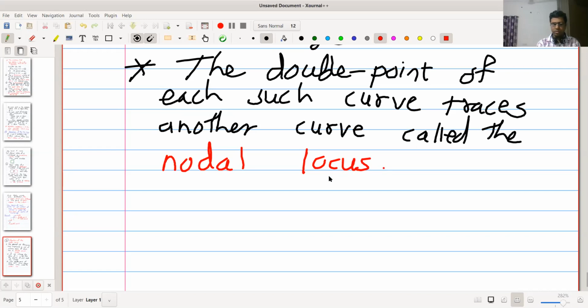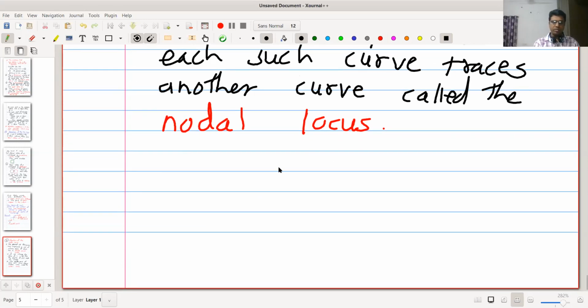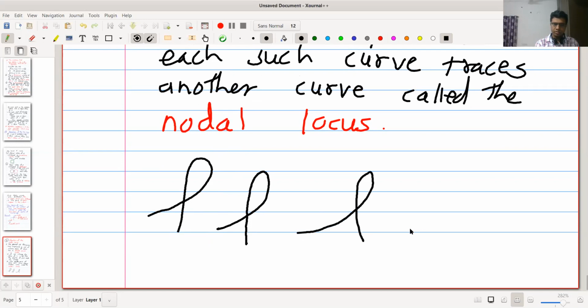We see one figure. So let us consider the solution curve with a node. Now this is for one value of c. If we change the value of c, then we get another similar curve, and so on. So these are the nodal points.